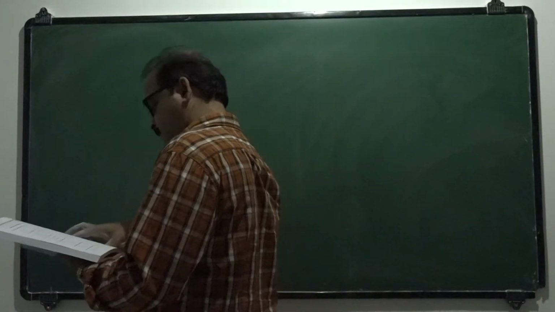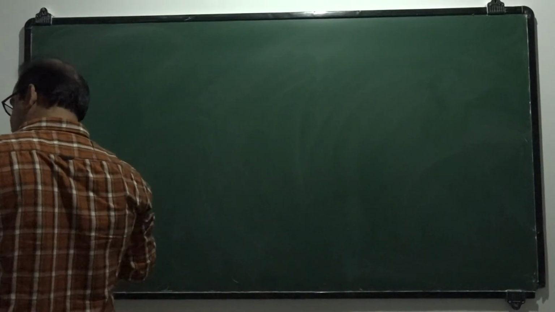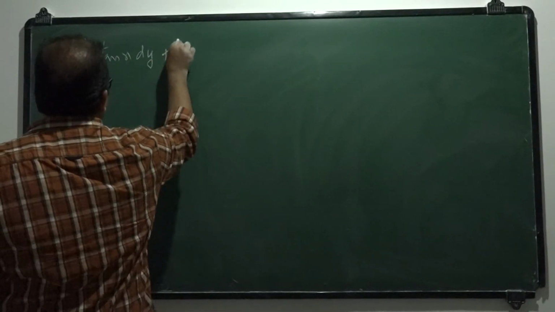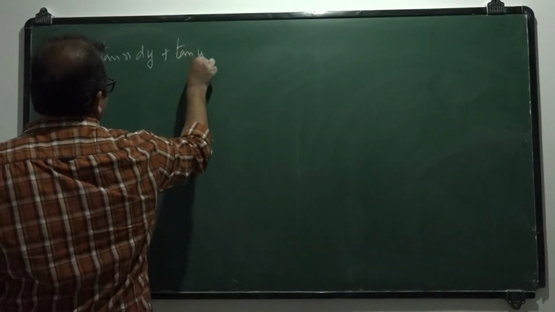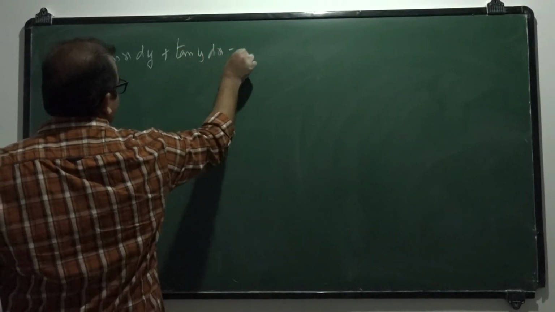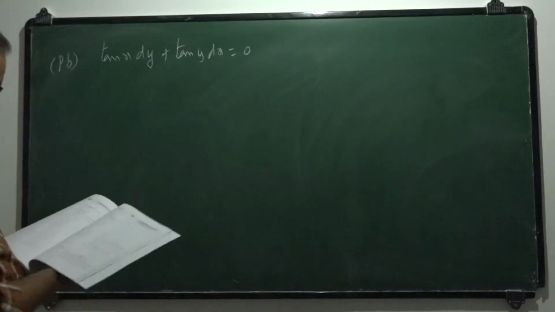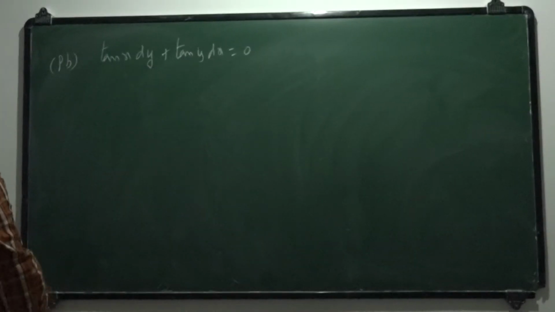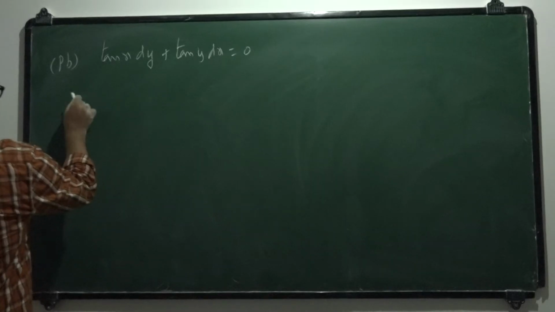Next problem. The solution of tan x into dy plus tan y into dx is equal to 0. Okay.